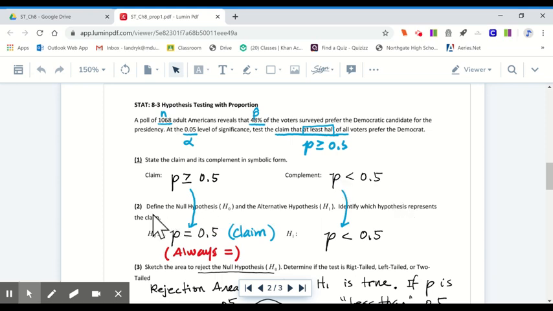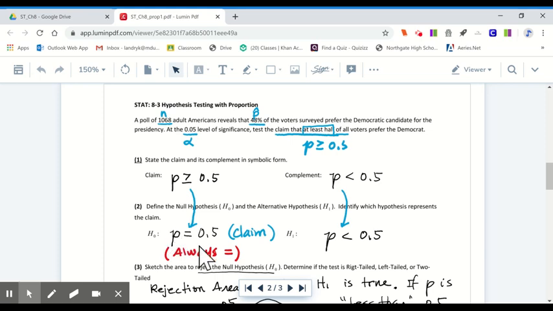Number 2, define the null hypothesis. H sub 0 always has the equal sign, so it's p equals 0.5. Make a note here that because the claim is greater than or equal to 0.5, if this null hypothesis is true, then we're basically saying that the claim is true.